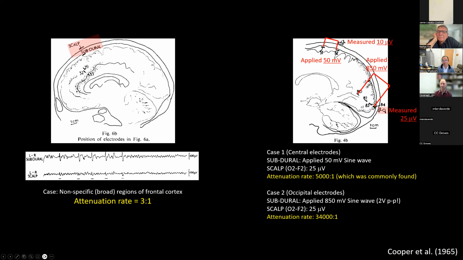Another example: between these two electrodes, they applied like 850 millivolts. I don't know what happens to the brain at this point, but they only measured about a 25 microvolt difference in the electrode right above these stimulating electrodes. So this ratio is like 5,000 to 1 or 34,000 to 1.